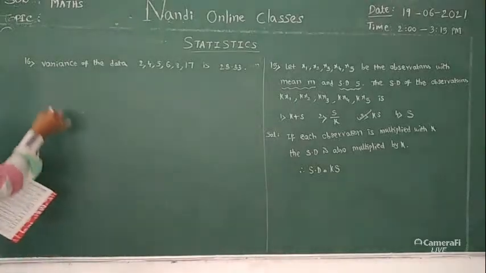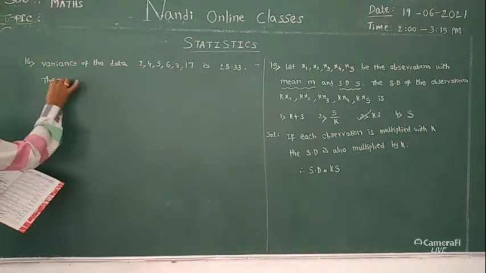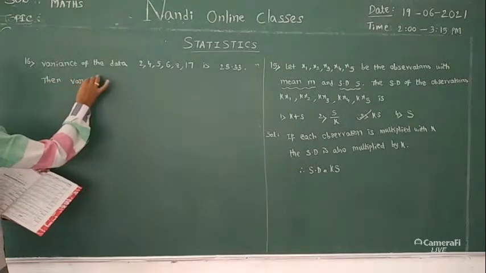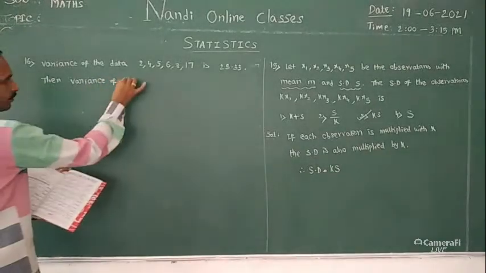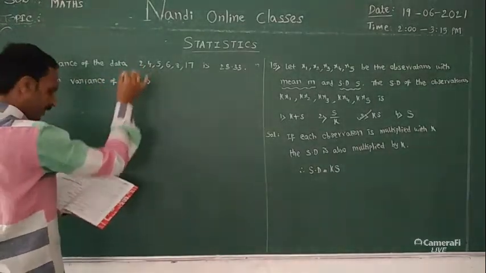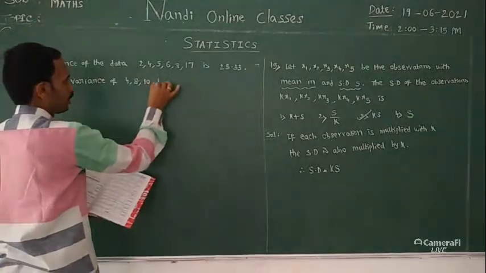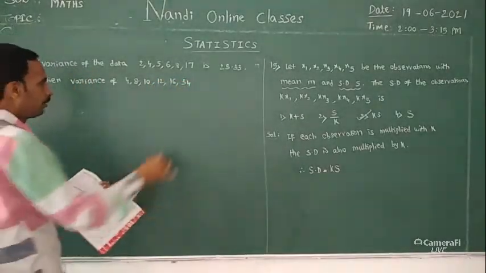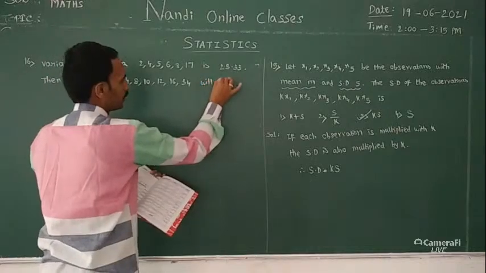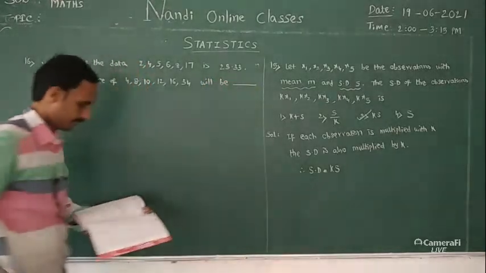Then the variance of 4, 8, 10, 12, 16, 34 will be dash.